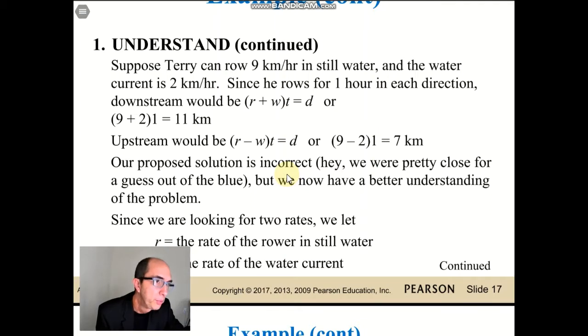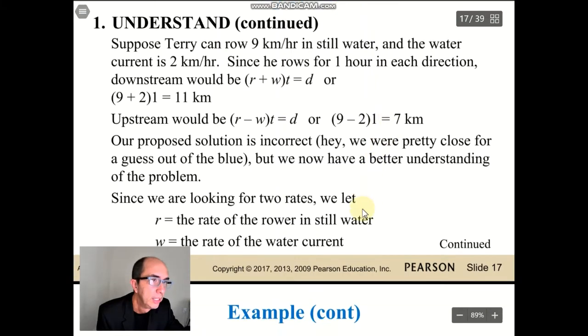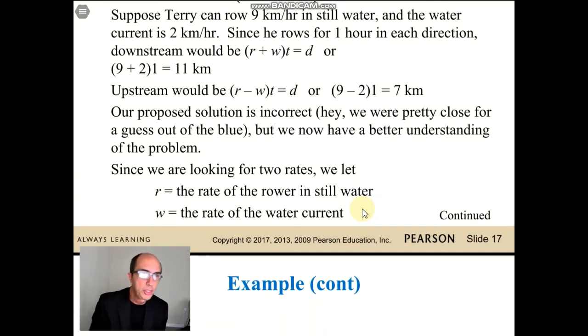And upstream would be R minus W times T equals the distance, or 9 minus 2 multiplied by 1, which is equal to 7. That's obviously our solution is wrong, because the purpose here is not to find the right solution. The purpose is actually to understand the problem by guessing some numbers and checking it out.